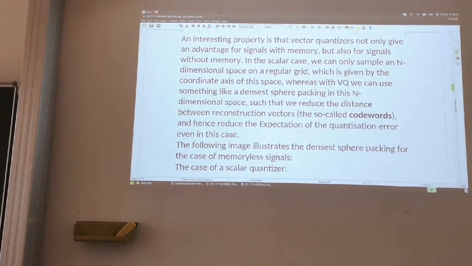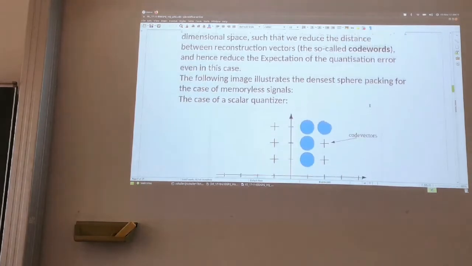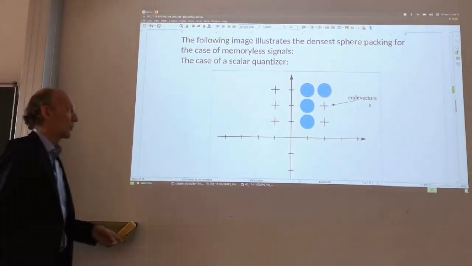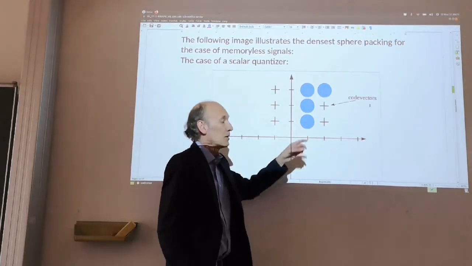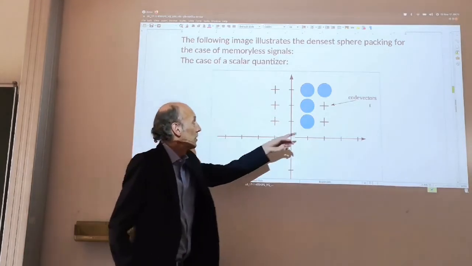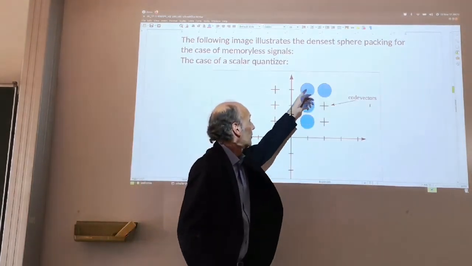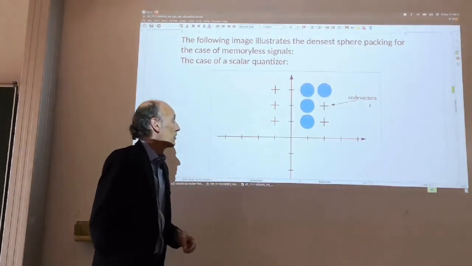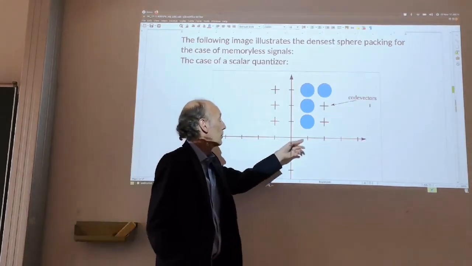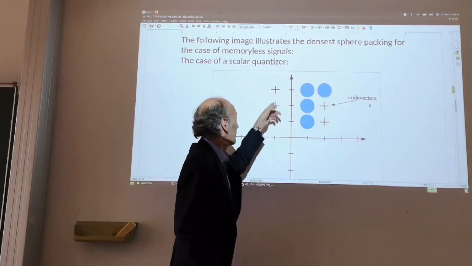So this can be seen in this next picture. Here you have those balls, which are basically our quantization intervals in 2D. And here you have the code vectors in the center. If you have a one-dimensional quantizer, then all you can do is use this regular grid.